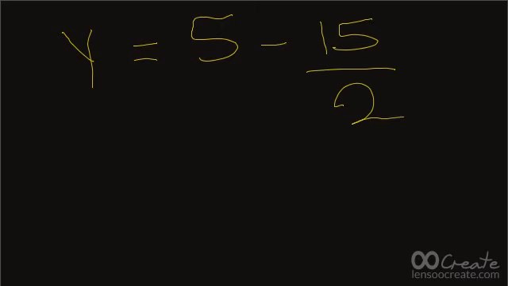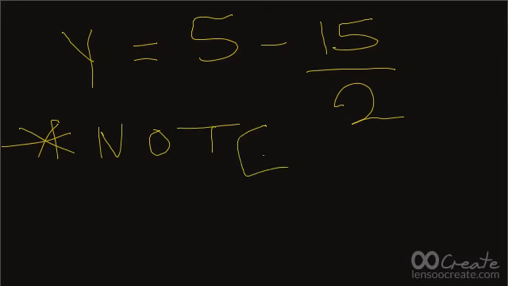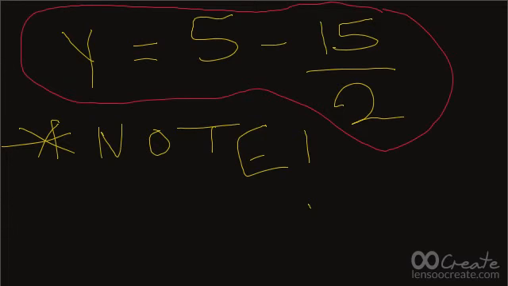Now, as a side note, you can leave the problem in this form because it's in a fairly simple form, but in order to more thoroughly explain PEMDAS, I'm going to get rid of this subtraction symbol by simplifying the problem even more.